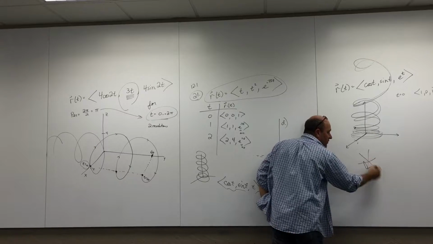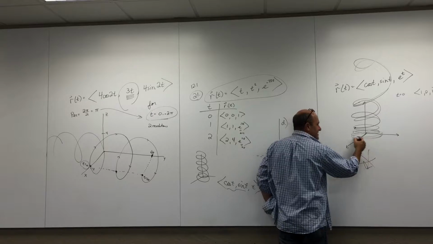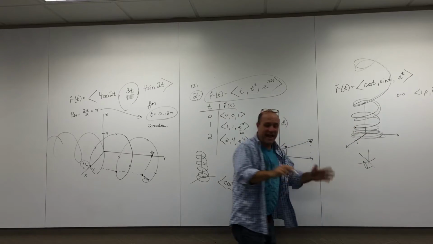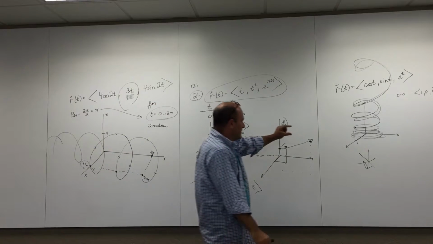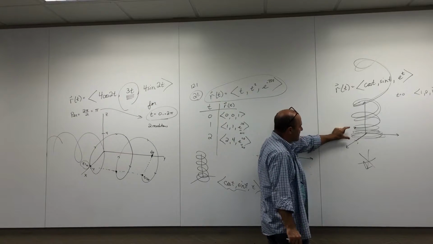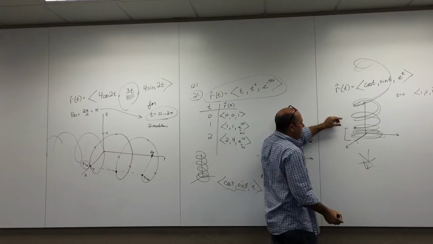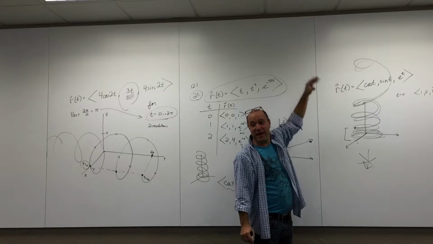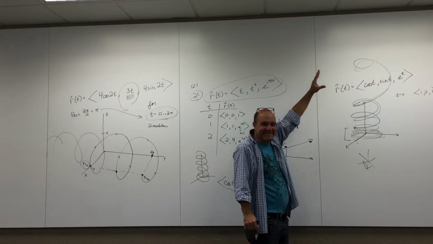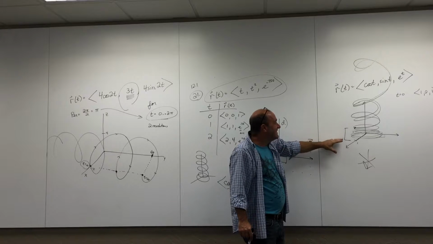It doesn't go below here. This is kind of crazy. It's a helix with millions of tight spirals between here and here, and then millions more, well, but less tight spirals above that. Oh, geez.